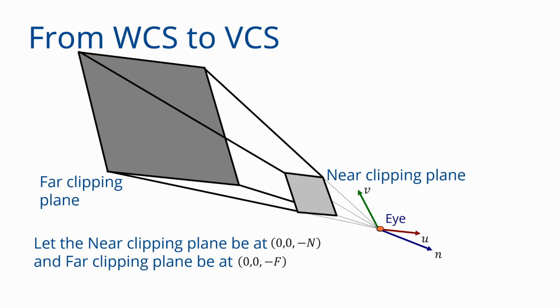So we have the view frustum set up, and we are only going to consider the portion of the world that lies inside the view frustum for rendering. It is also worthwhile to mention that you may consider the near plane as the plane on which your image is going to be formed.